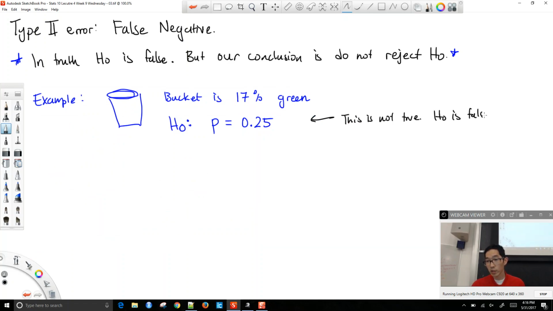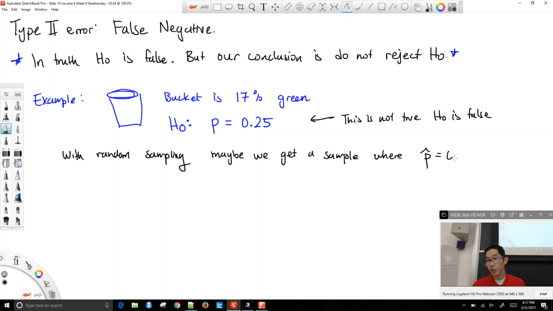That's what we have going on here. But because of random sampling, when it's 17% green, maybe we get a sample where p hat is equal to, I don't know, 21%. That could happen, right? The bucket's 17%. Because of random sampling, we get 21%.